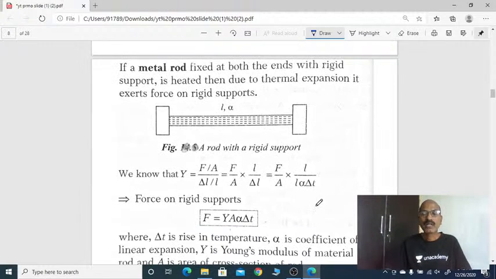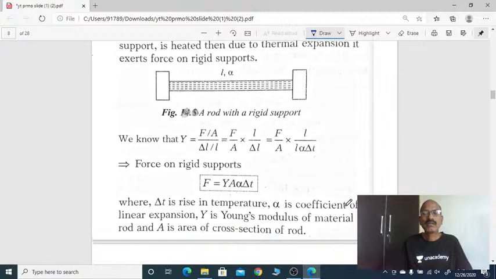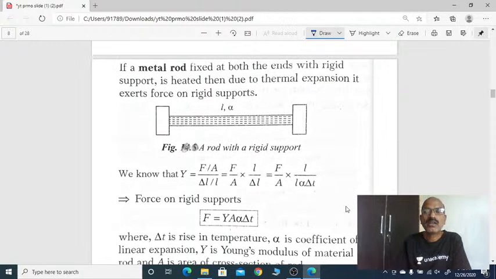Now, see that a metal rod is fixed at both ends with rigid supports. You can see here. Kamalesha, welcome. If a metal rod is fixed at both ends and you supply heat, lengthwise it cannot extend because both ends are fixed.